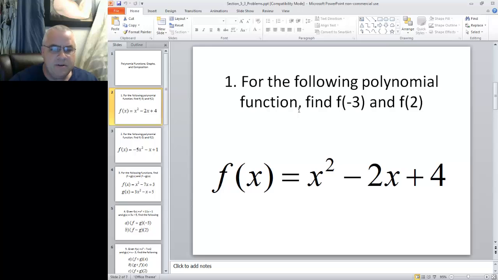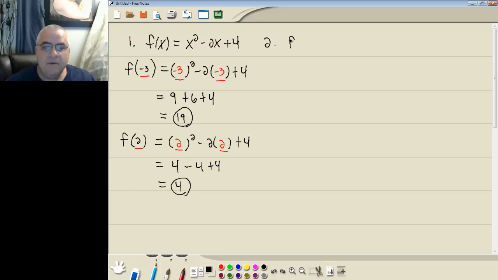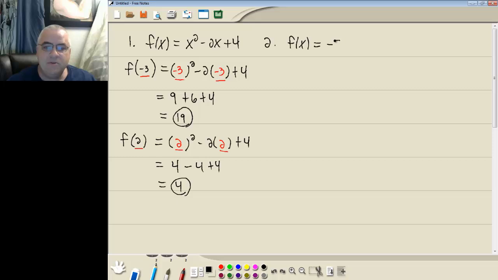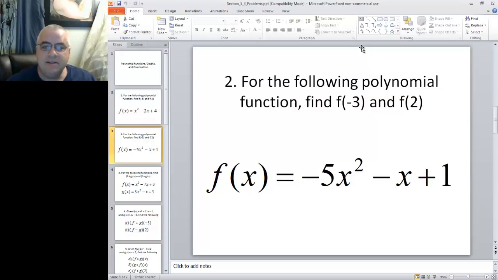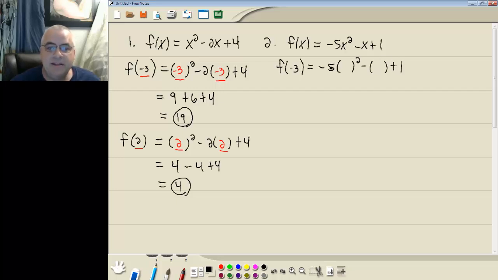Let's take a look at another one of those. We got f of x is equal to negative 5x squared minus x plus 1, and we want to find f of negative 3 and f of 2. So f of negative 3, again we're going to go through and replace our x's with parentheses. Everything else remains exactly the same. So the negative 5 remains there, the squared, the minus, and the plus 1.